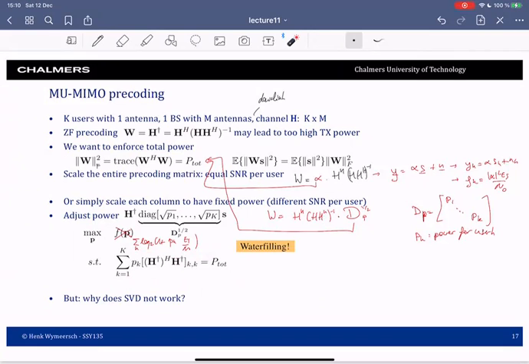And when we do that, what will happen at user K? Y will be H Hermitian (H H Hermitian) inverse D_P to the 1/2 times S plus noise. Where this, of course, is W.